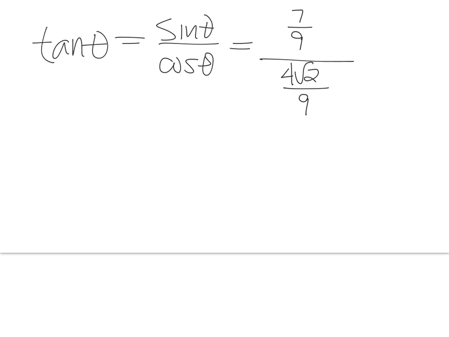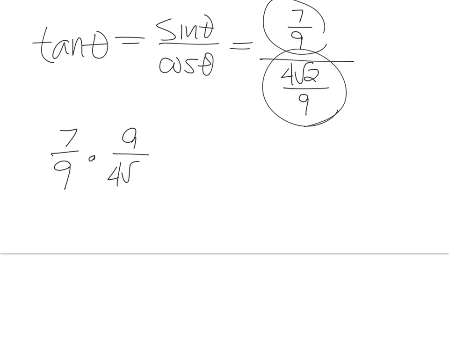So I'm going to have 7/9 times the reciprocal: 7/9 times 9 over 4 square root of 2, which is 7 over 4 square root of 2. I need to rationalize this or simplify it.